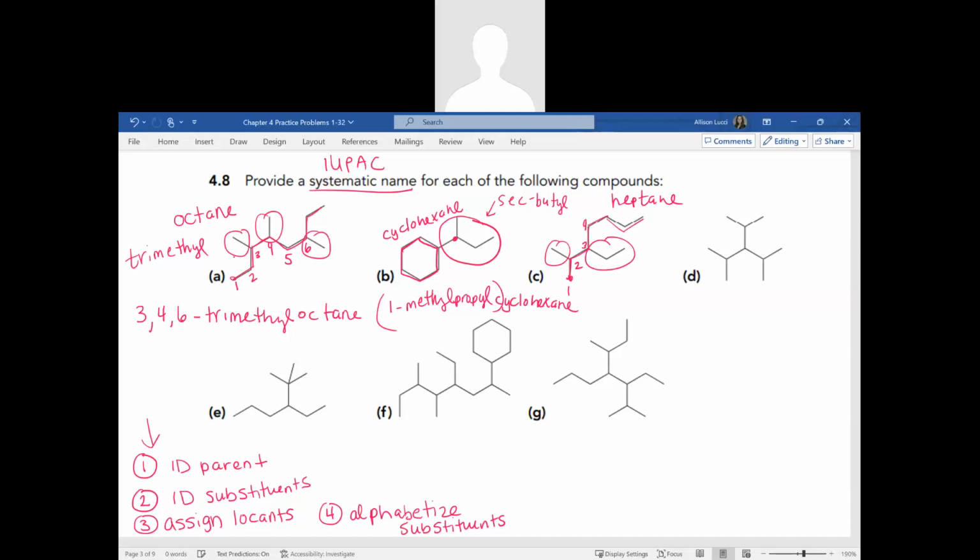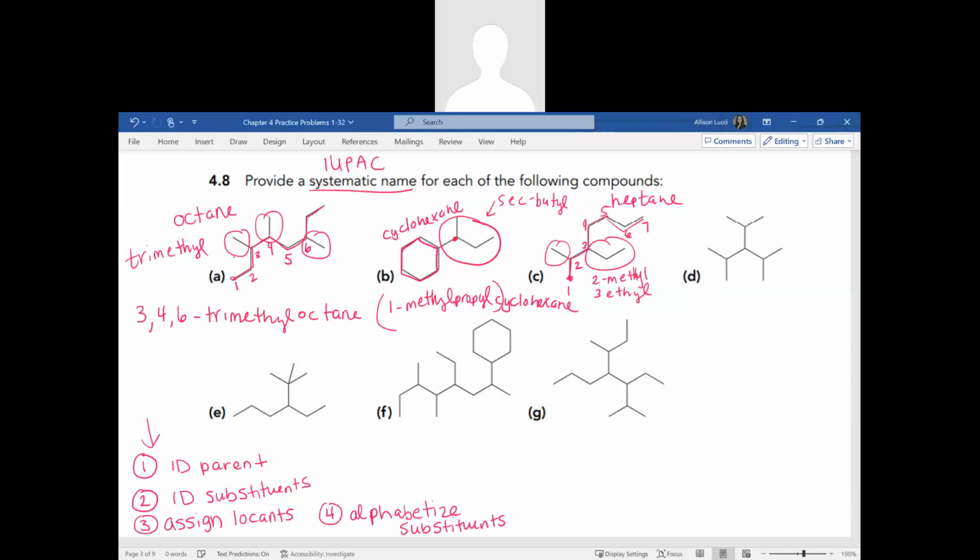So I want the lowest numbering overall for my substituents. So I numbered them this way, because if I started at the other end, I would have a 5 and 6 locant for my substituents. But instead, I have a 2-methyl, and I have a 3-ethyl substituent.